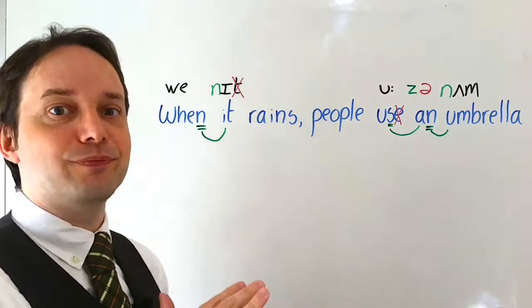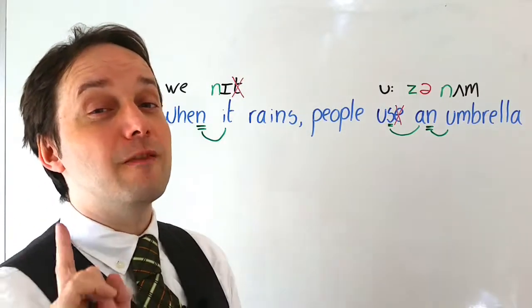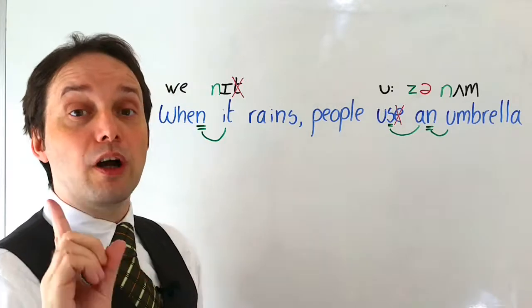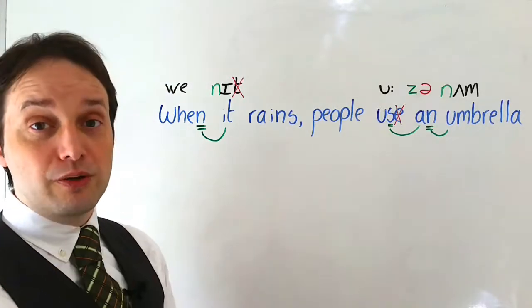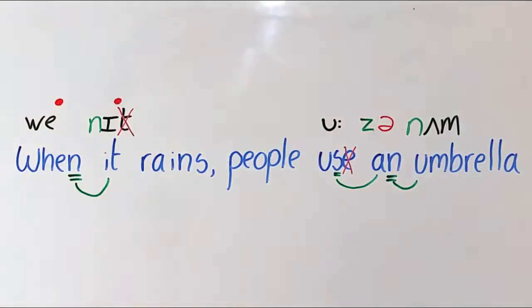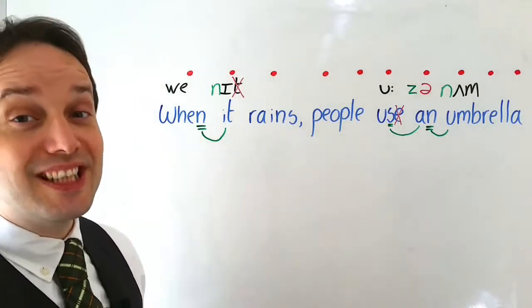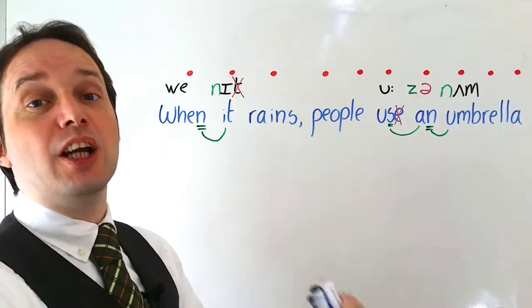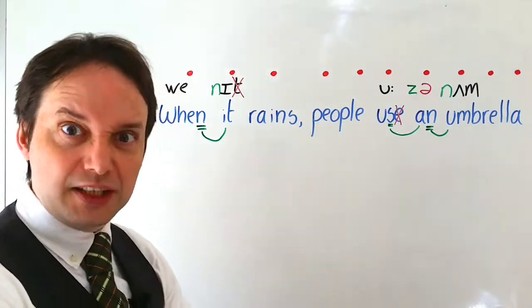Perfect. Very good. Okay. But we're not finished yet. No. There's one more thing I want us to look at, but to do that, we need the syllables. So what we're going to do now is look at the sentence stress.